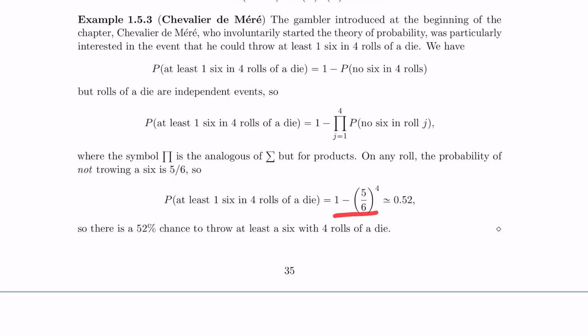By performing the computation, we obtain around 0.52, which means that there is around 52% chance to throw at least one 6 with 4 rolls of a die. And this is the answer to the question that started the theory of probability. So you can appreciate how easily this answer has been obtained thanks to the mathematical formalization of probability.